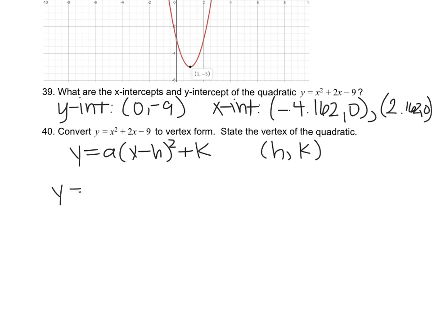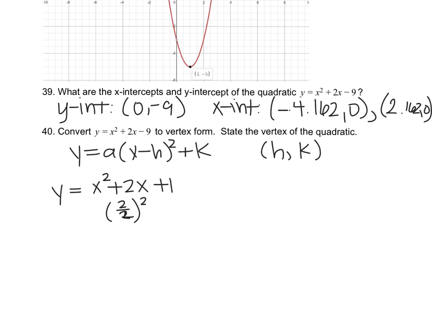When we convert a quadratic equation to vertex form, we do a partial completing the square. So I want to figure out what would make x squared plus 2x a perfect square. I have to do 2 divided by 2, squared. 2 divided by 2 is 1, and 1 squared is 1. So I have to do plus 1.